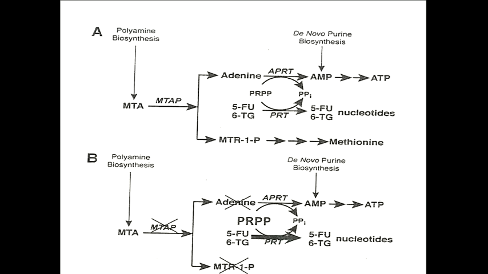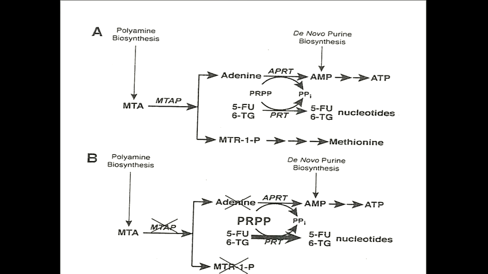So cells that lack MTAP turn out to be methionine auxotrophs, and now have to rely on de novo purine synthesis to generate nucleotides.